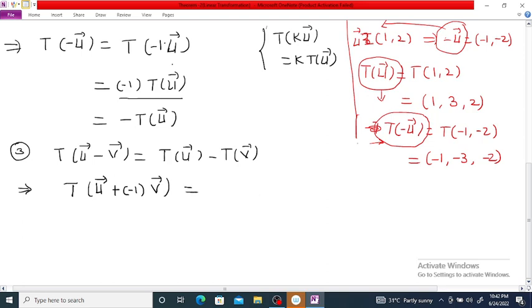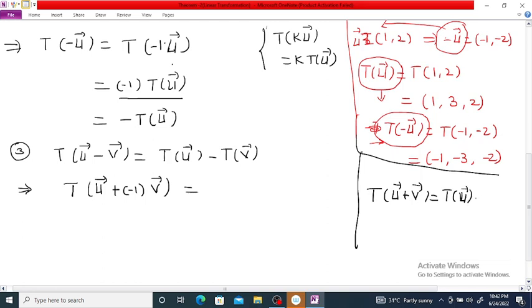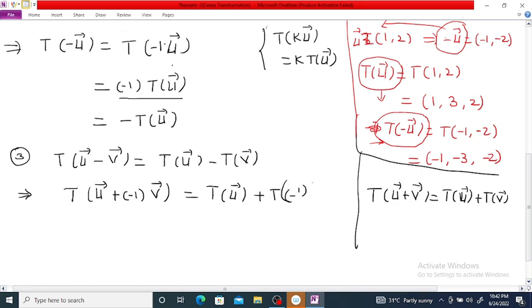Since T is a linear transformation, T of u bar plus v bar can be written as T of u bar plus T of v bar. So this is equal to T of u bar plus T of minus 1 into v bar.